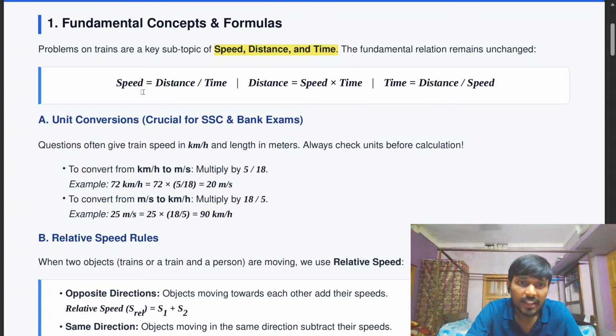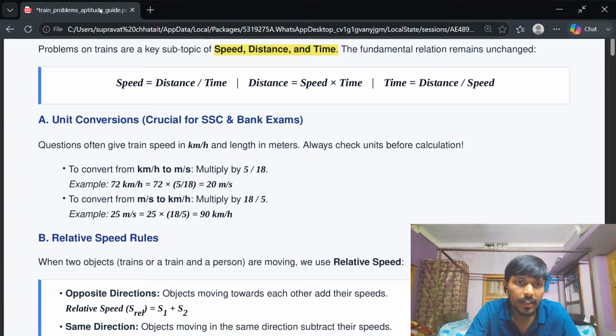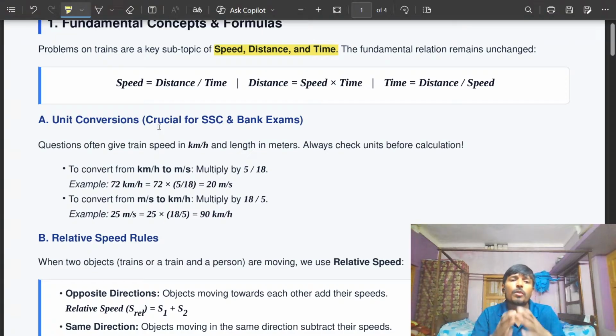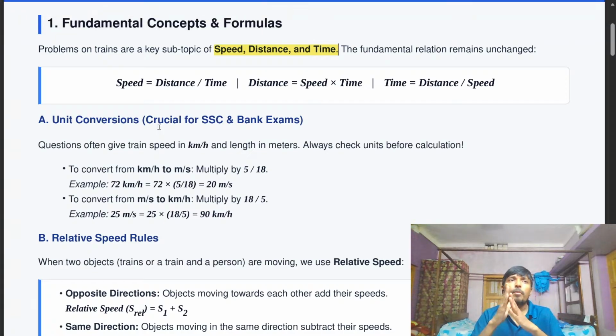Fundamental relation means speed equals distance by time. What is speed here? Speed means how fast you go. Distance means how far you go.